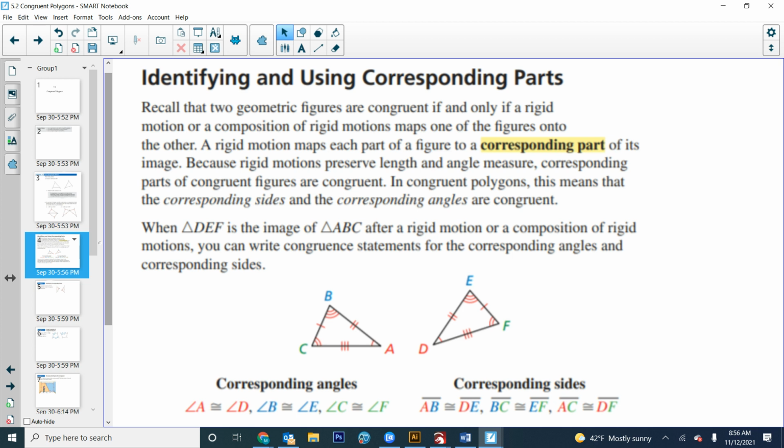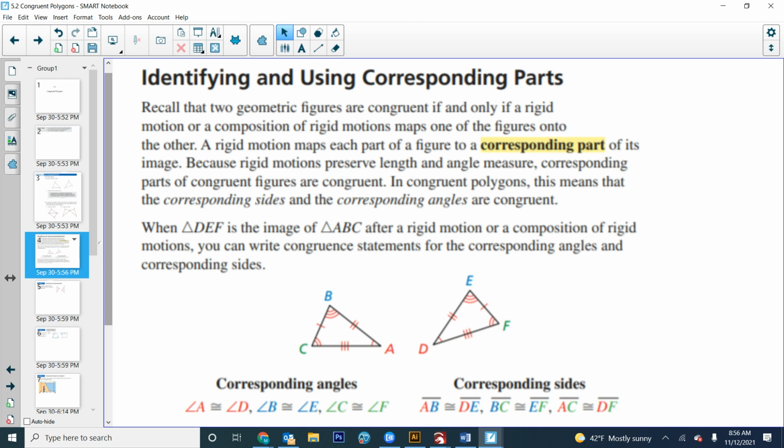Huge idea. If two polygons, triangles, quadrilaterals, pentagons, hexagons, I don't care, are exactly the same, all of their angles and sides have to match up perfectly. Congruent.